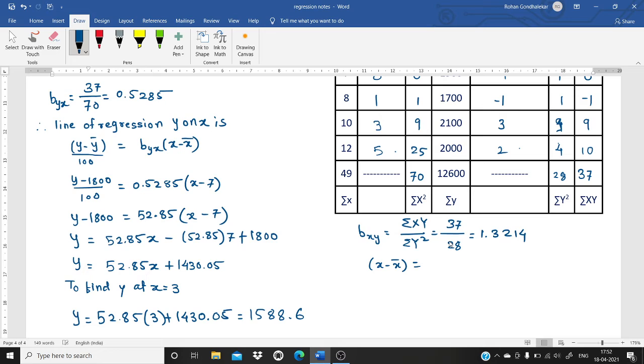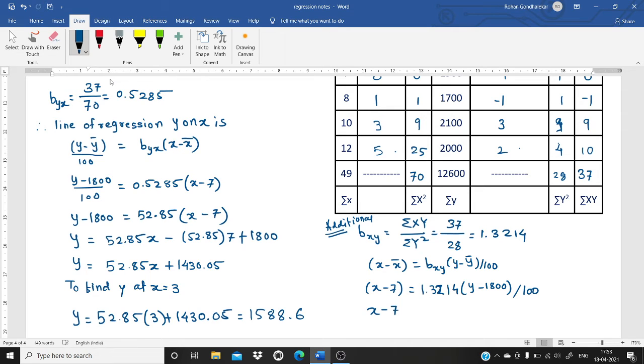Now, what is the line of regression x on y? So x minus x bar is equal to bxy. So this is an additional part. It is not mentioned in the problem. I already have the table, so we are just revising the same concept. So y minus y bar divided by 100. Yes, of course, there has to be divided by 100. So x minus 7 is equal to 1.3214 into y minus y bar. Oh, sorry, y bar is 1800 divided by 100. Fine.